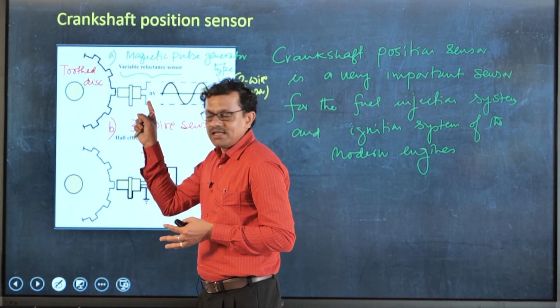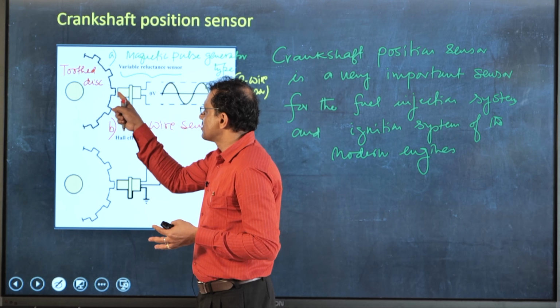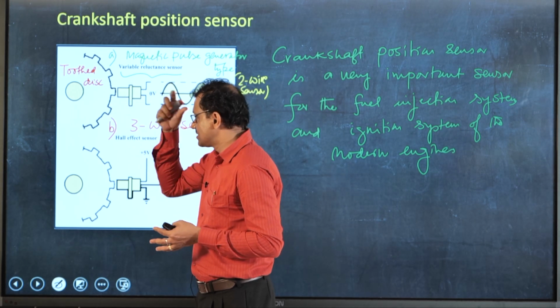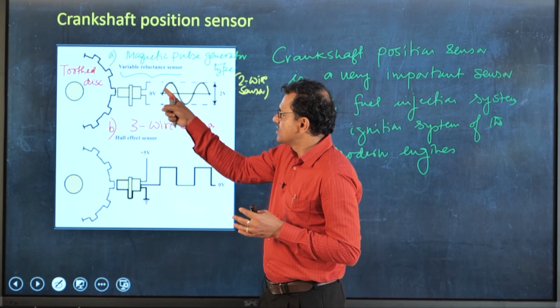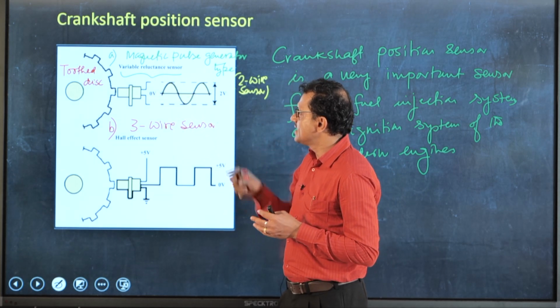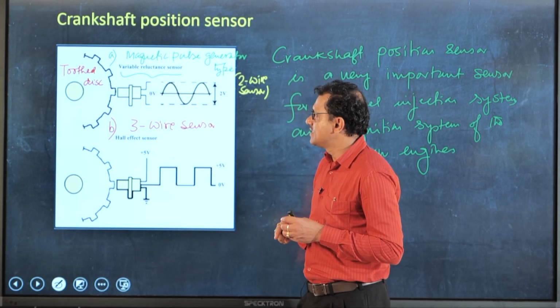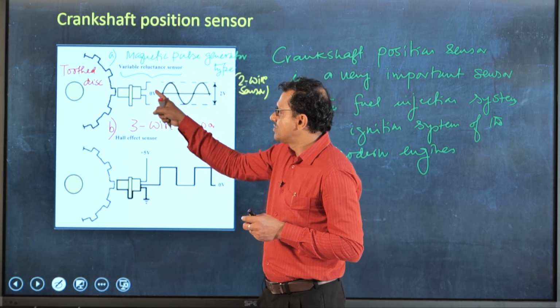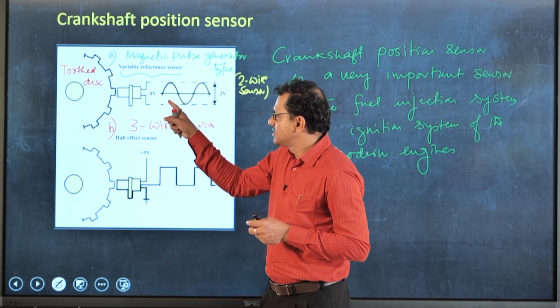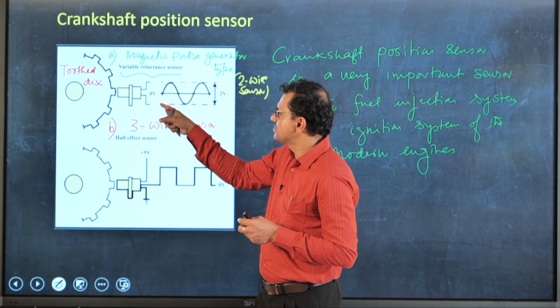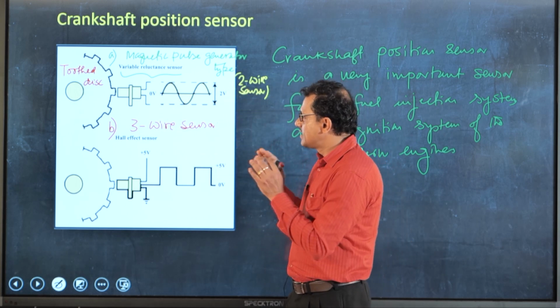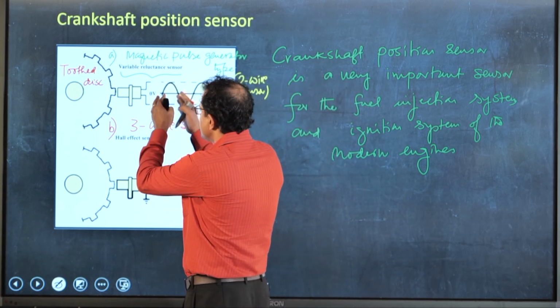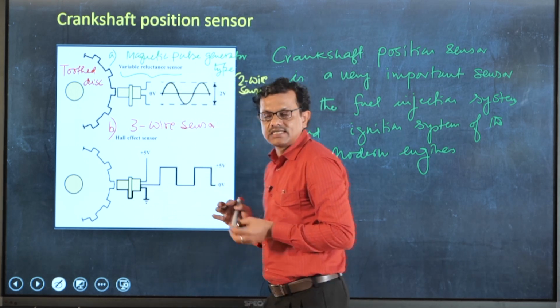This is non-contact type because there is no direct contact between this toothed disc and the sensor. For the first one, that is the magnetic pulse generator type or variable reluctance sensor, there are two different wires. Because of the presence of these two wires, it is also known as two-wire sensor. And the output from this sensor is an analog signal.